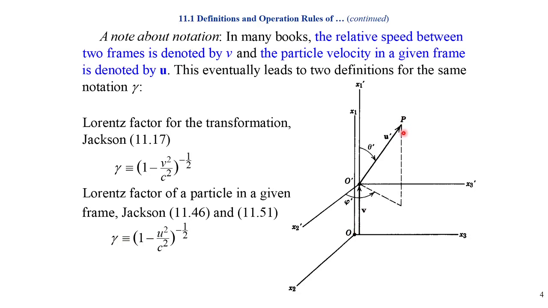However, if we describe the motion of particle P, we should use another notation, u. That's the relative motion of the frames and the relative motion of the particle. We use two expressions, one is v, the other is u. Okay, that's for three-dimensional, and for four-dimensional, the same.